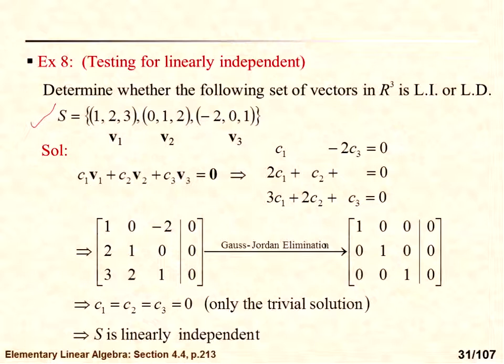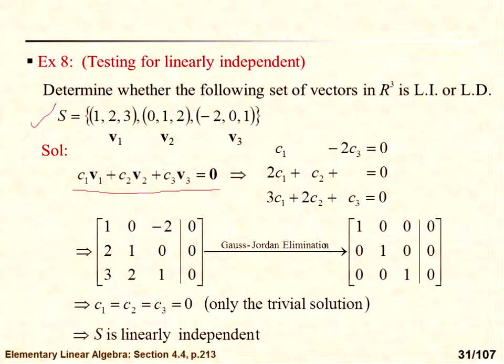We are given S, and first of all, I write a linear combination of this. We know the linear combination can be written like this: c1v1 + c2v2 + c3v3. As I told you in the previous slide, it is called a linear combination.